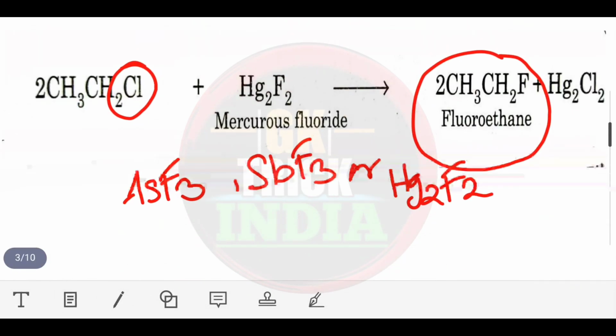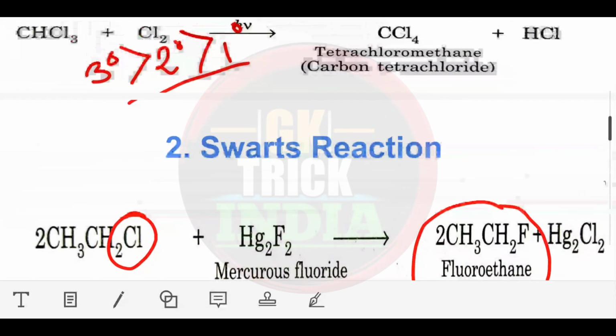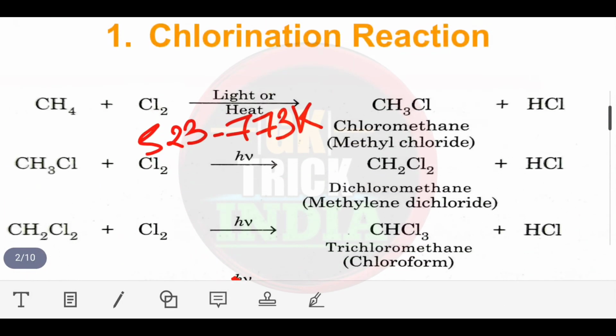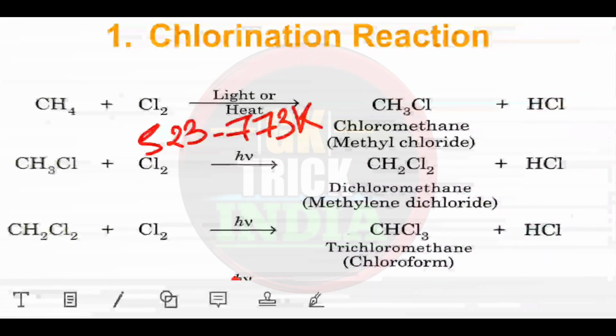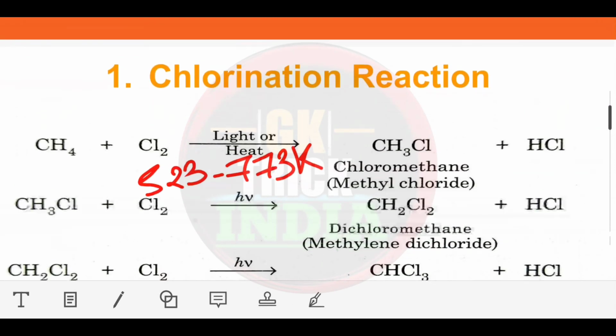One chlorine gets replaced by fluorine in the very popular Swarts reaction, and the most introductory one, the chlorination or halogenation reaction, where chlorine atoms get substituted into the alkane to give methyl chloride, methylene dichloride, chloroform or carbon tetrachloride in presence of heat or light.